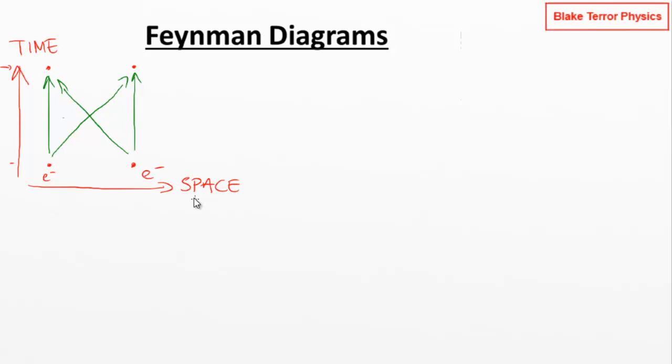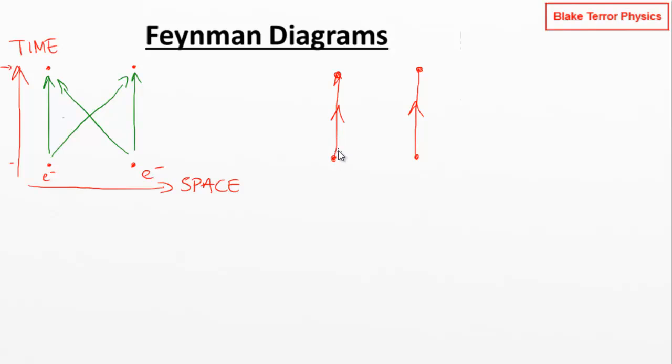So say we were going to draw those ones out, your first Feynman diagram would be simple: a line with an arrow on it and a line with an arrow on it. These arrows are not giving a direction of motion. What these arrows are telling us is whether the particle is matter or antimatter.